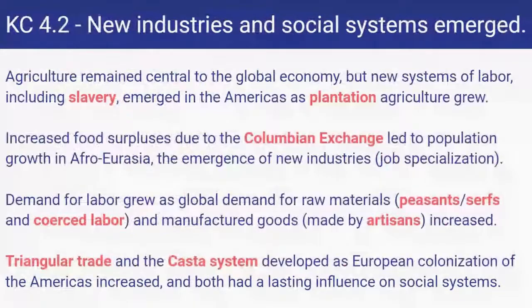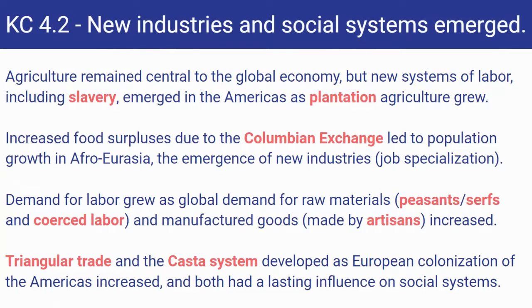The next is that, as I said before, agriculture remains central to the global economy. It still is the main thing people are doing for work, but it starts changing. You have the emergence of plantation agriculture in the Americas, and the need for these labor systems to supply laborers for that system of agriculture.